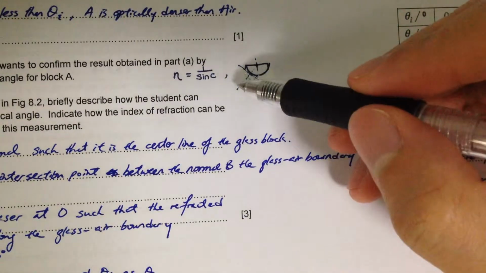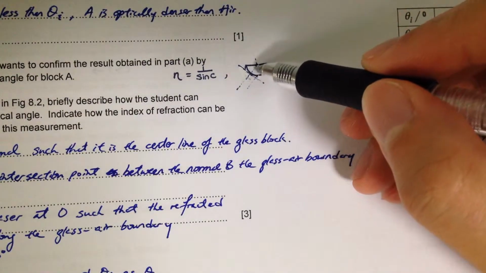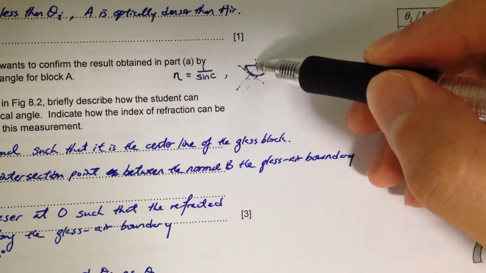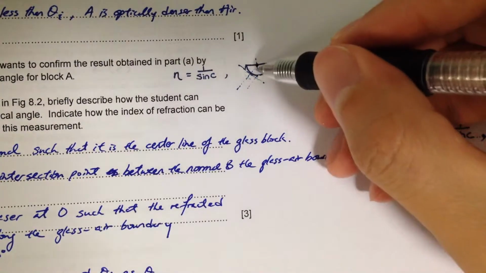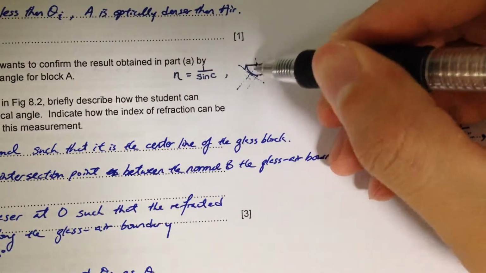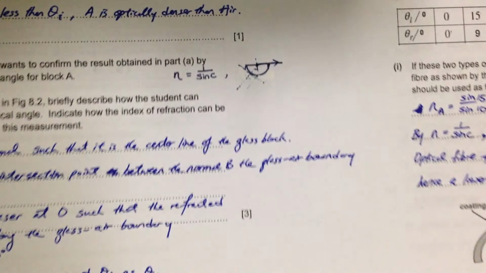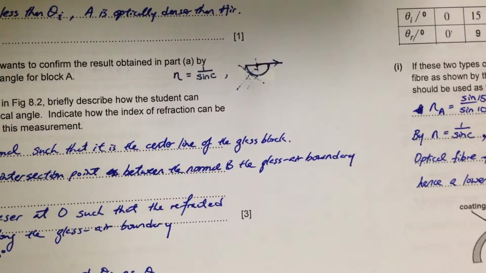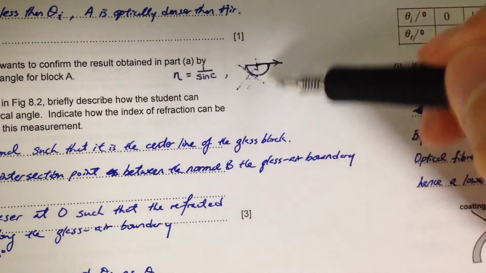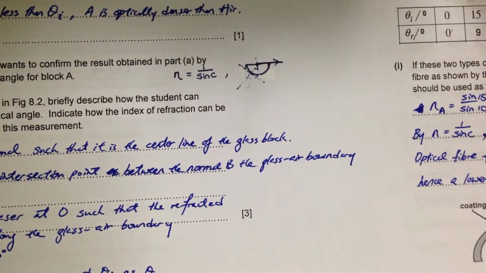So it is very important that your initial ray is shone towards the center of the block. And if this angle is the critical angle, then your light ray will be along the boundary of the glass block. So you need to have this content knowledge in your mind.